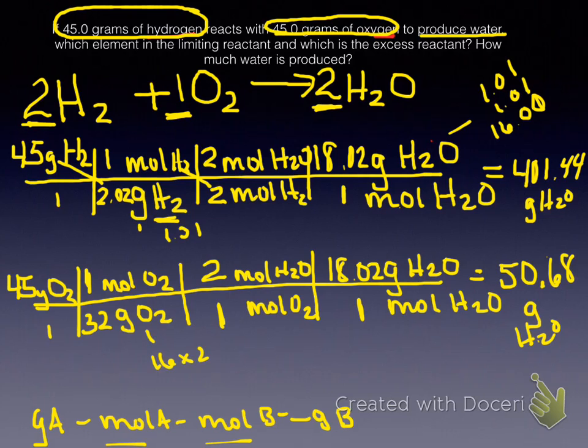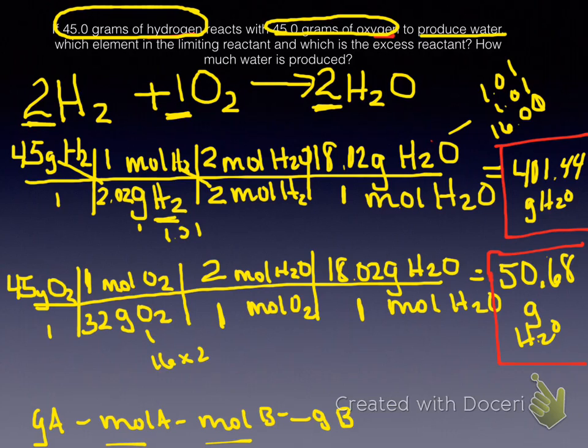Now, do you see what we did here? We calculated 2 different masses of water. And essentially, if we start with hydrogen and there's plenty of everything else, so it doesn't stop the reaction, we would get 401.44 grams of water. If we started with 45 grams of oxygen, we would get 50.68 grams of water.